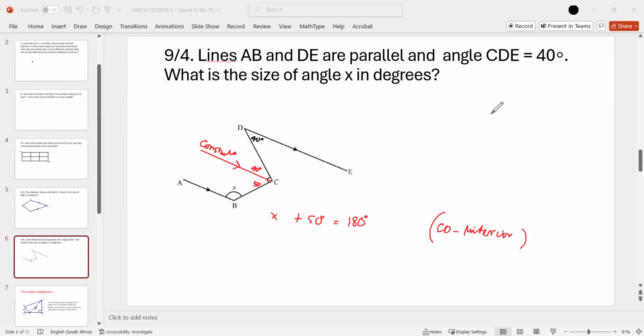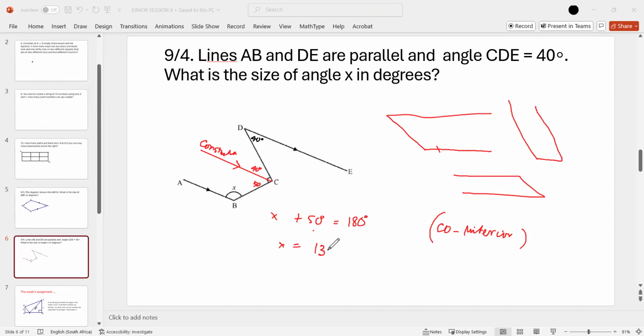They are the U in a pair of parallel lines. See? Those are co-interior angles. Okay. Now, therefore, you can solve for X. What must be added to 50 to get 180? The answer is 130.